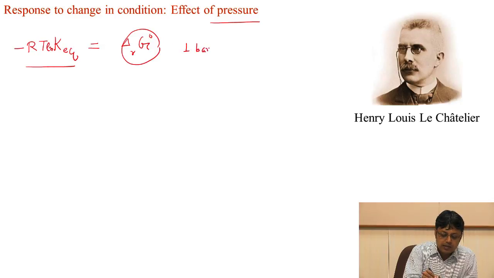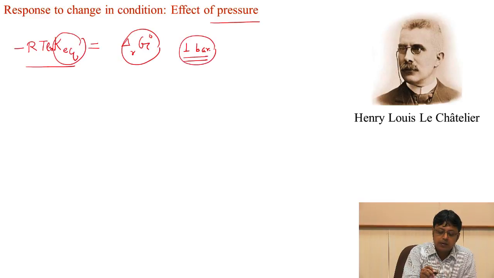So K equilibrium is connected to a change in Gibbs free energy that corresponds to 1 bar pressure, which means the pressure is well defined in the definition itself.